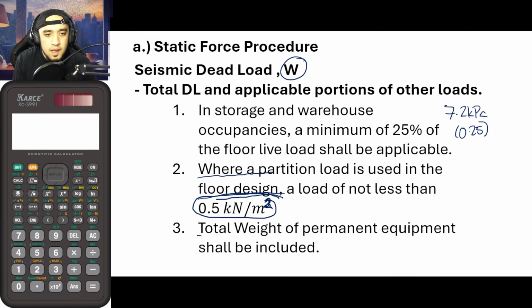And you would also be adding total weight of permanent equipment. Okay? So suppose that you have machineries which you did not include for the dead load. Rather, baka sinama nyo po siya sa live load computation nyo. But if those are permanent equipments for the plants, by plants, hindi tanim, yung plants, planta, factories, the weight of those structures must be included to the value of W. Okay?